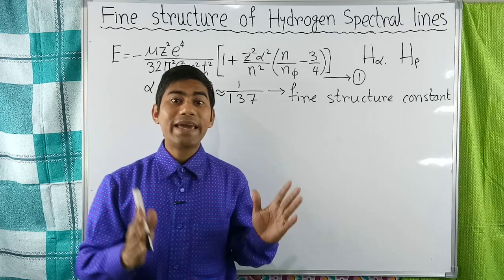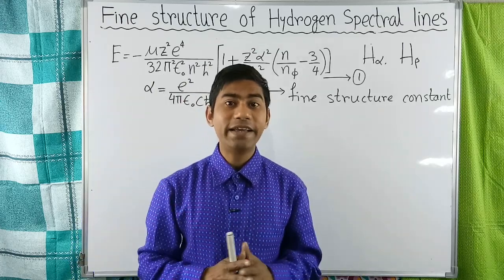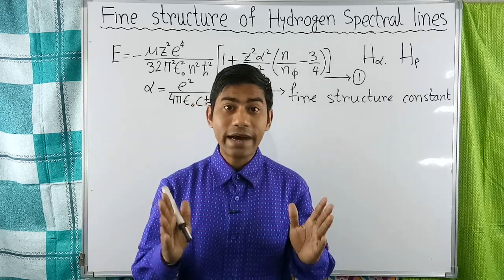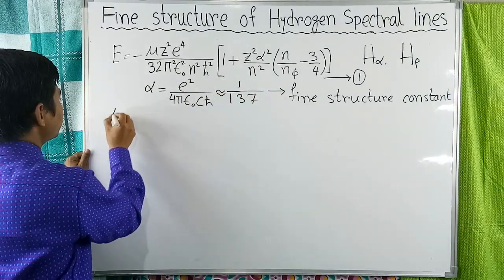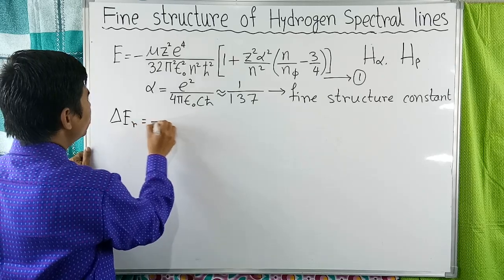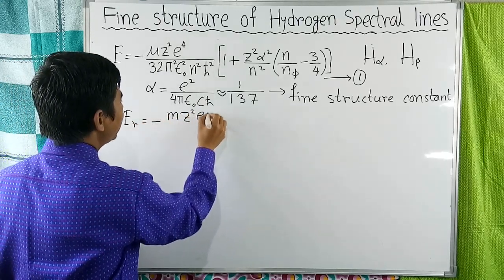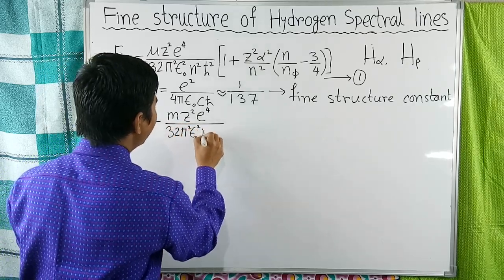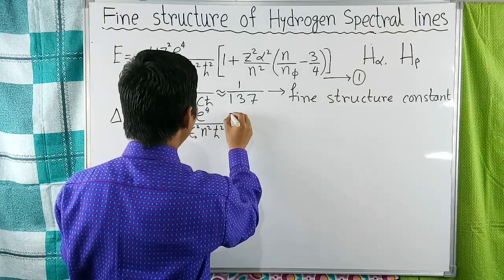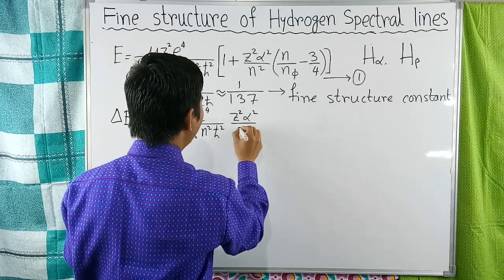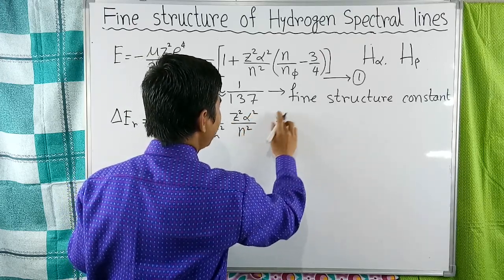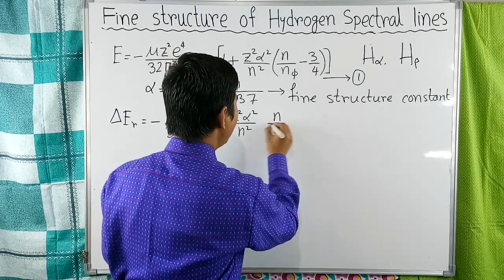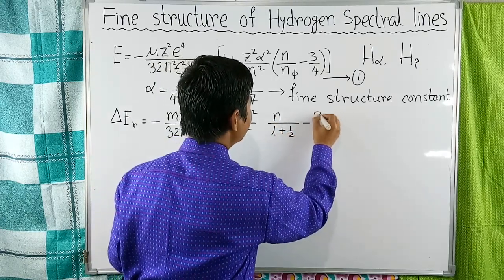Later, the quantum mechanical expression for the relativity correction was given by Heisenberg and Jordan, and the relativity correction for energy is delta E R equals minus m Z squared e to the power 4 by 32 pi squared epsilon 0 squared n squared h cut squared, into Z squared alpha squared by n squared, into n by L plus half minus 3 by 4.